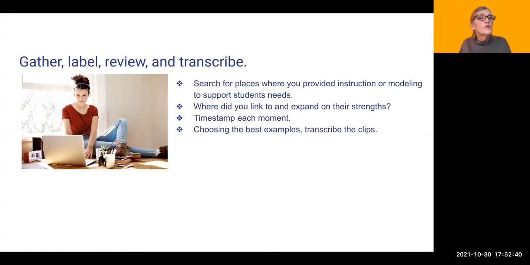You only get to upload 2 video files and you cannot join them together. So this is critical for you to consider what is the best timestamp evidence of that need or strength that also falls into the other evidence that I'm trying to show the reviewer, right? So keep that in mind. And then choosing your best examples on the clips that you're going to turn in, go ahead and transcribe those clips.